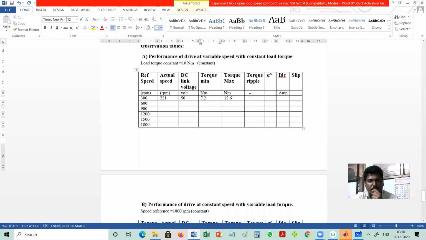Torque ripple is equal to T max minus T mean divided by the reference. Reference is 10.